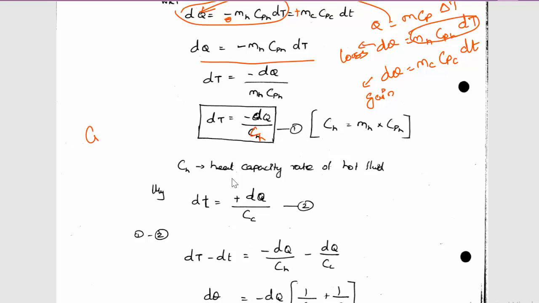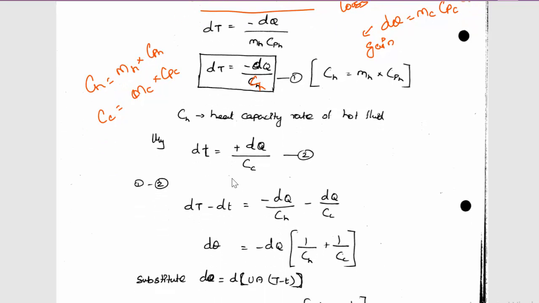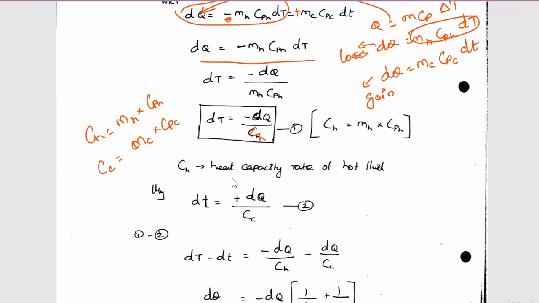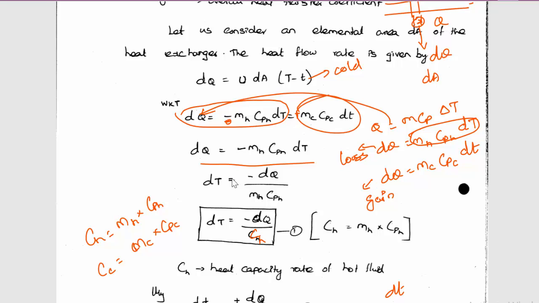This Ch is the capacity rate of the hot fluid, and Cc is the capacity rate of the cold fluid. This can be expressed as mh into Cph. This is the capacity rate, and similarly here mc into Cpc. Okay, next, similarly I am going to derive another equation for dt from the cold fluid equation, that is dq equal to mc Cpc dt.